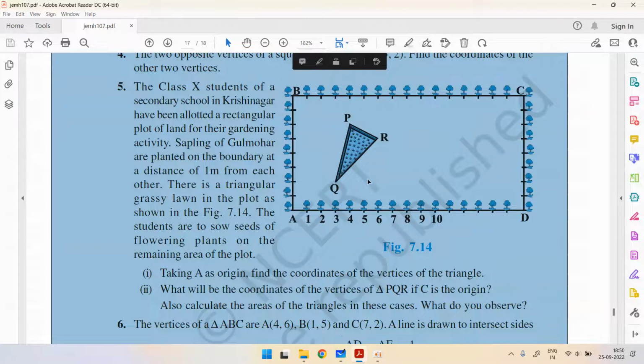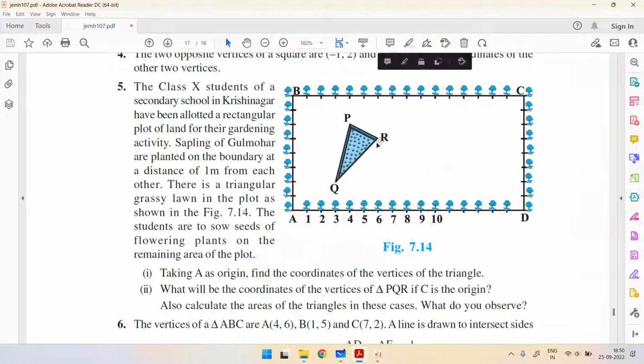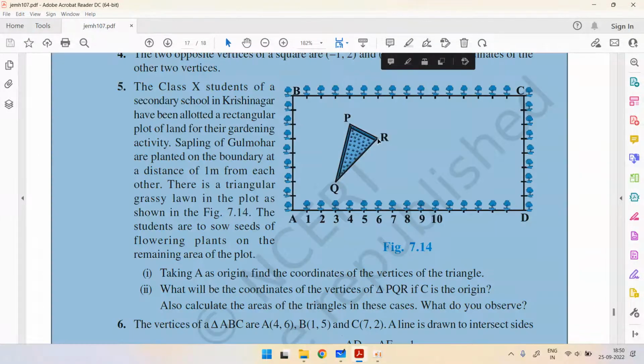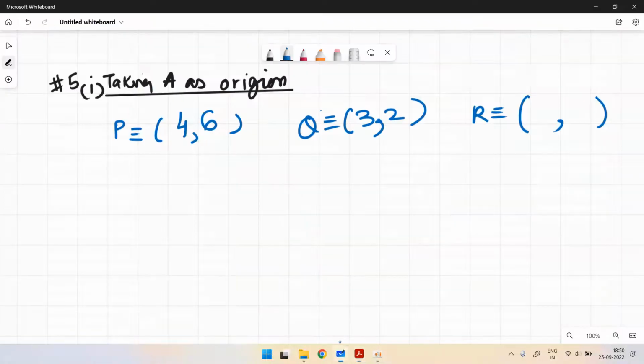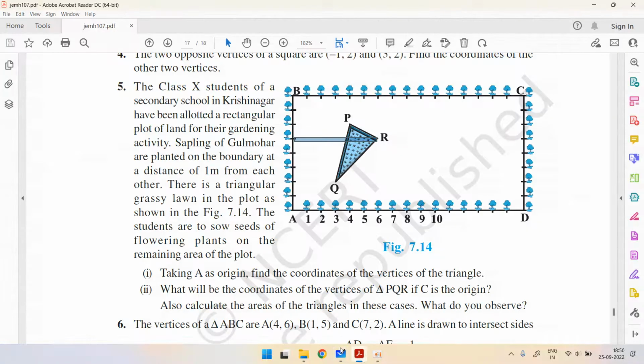You can see in the figure, for the x axis, if you draw the perpendicular, this is 6 in the x direction, and on y it is 1 2 3 4 5, so 6 comma 5. What you need to do is find the coordinates of the triangle, and also calculate the area in these cases.